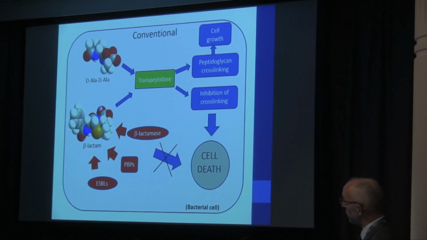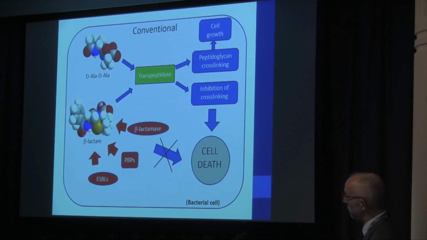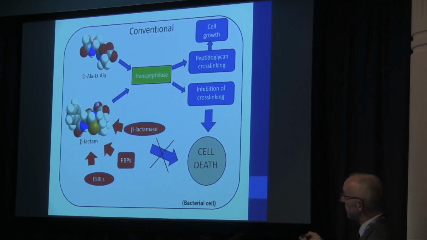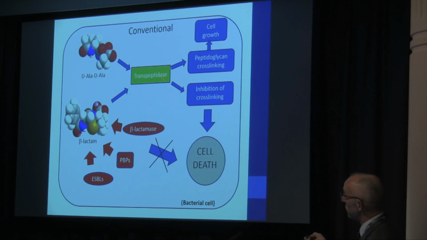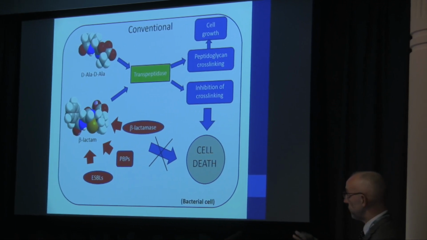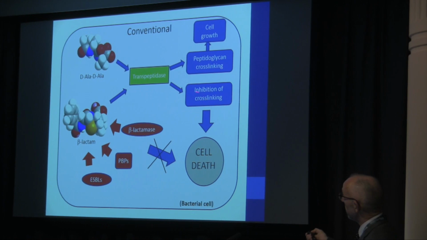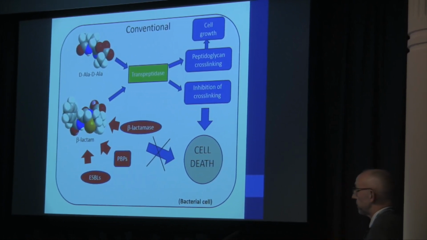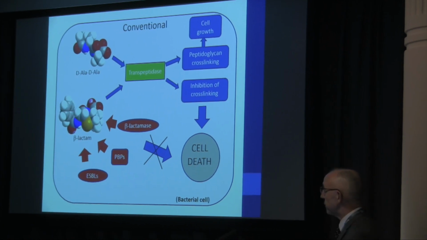If you treat it with a typical beta-lactam, which is benzylpenicillin, there's a section of the beta-lactam which is exactly the same as this, and so the enzyme responsible for cross-linking gets confused between the two. You get inhibition of cross-linking, and then you get cell death. The cells will actually pop. You can see quite a few videos on YouTube of how that works.